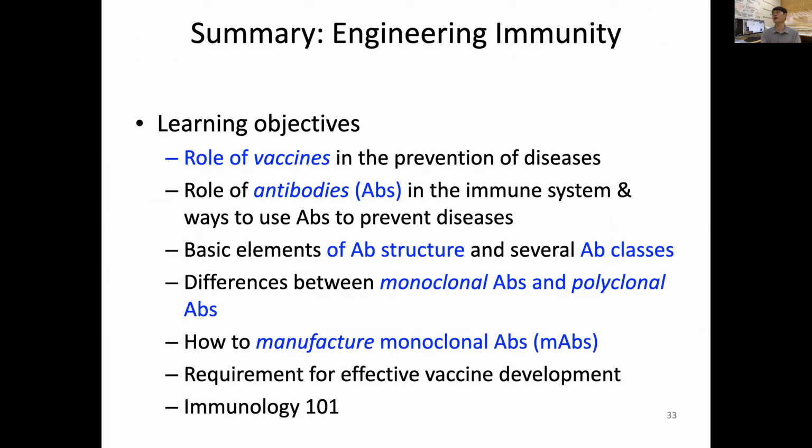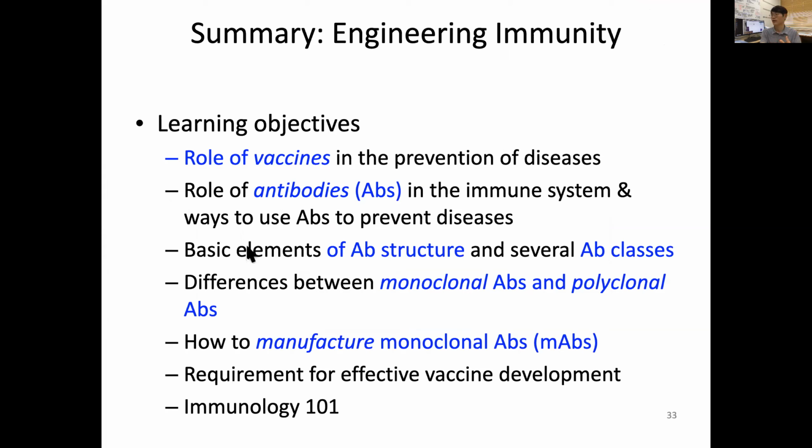So as a summary of this engineering immunity section, we learned about the role of vaccines in the prevention of disease. Especially we studied antibodies in the immune system and ways to use antibodies to prevent and even treat diseases, so we learned the engineering of antibodies, like human ones, animal-grown ones, and humanized antibodies.